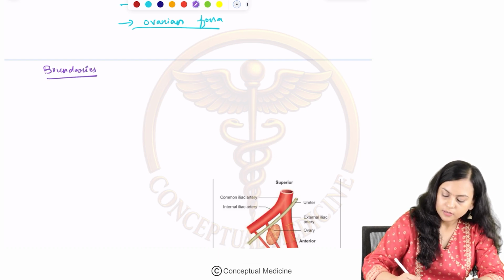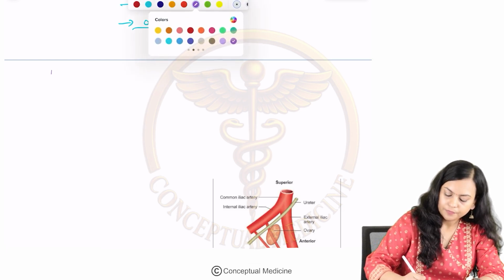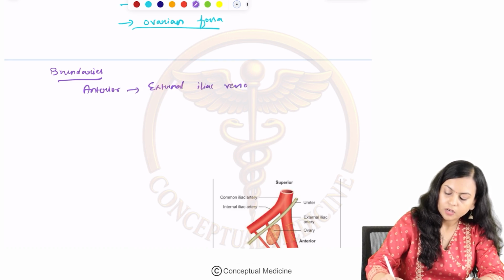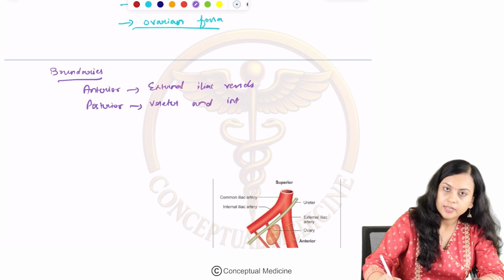Anteriorly, it is the external iliac vessels. Posteriorly, it is the ureter and internal iliac vessels.